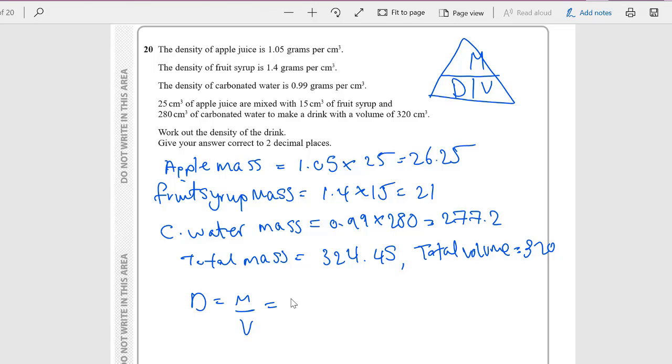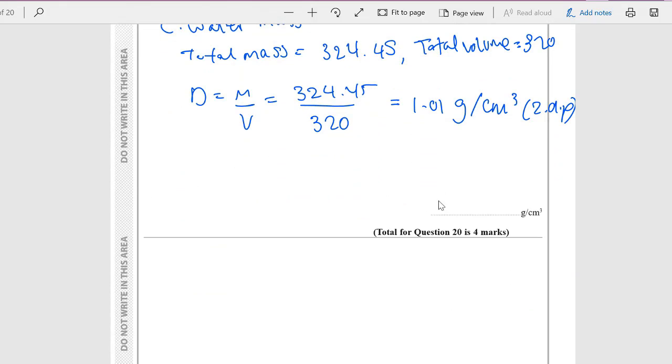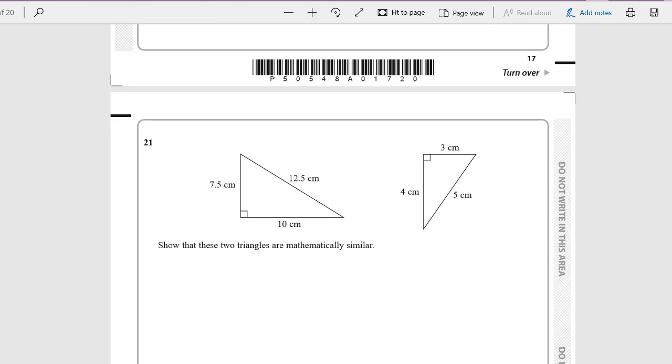So that's going to be 324.45 divided by 320, which is 1.01 grams per centimeter cubed to 2 decimal places. Okay, next.